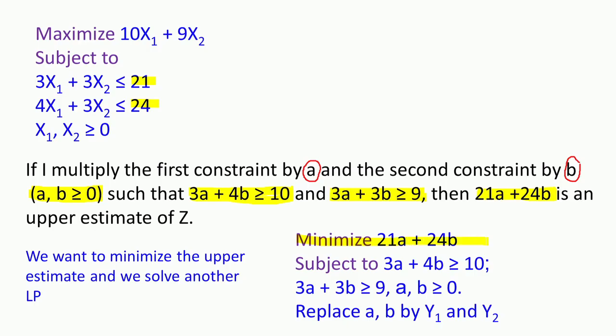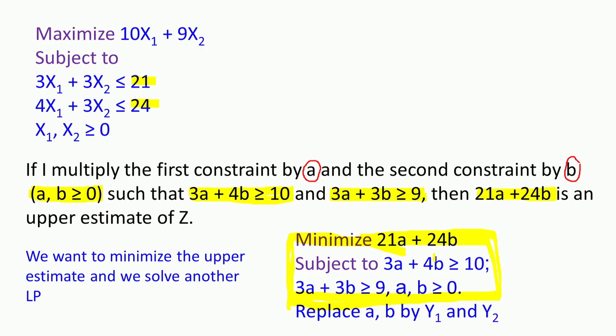Now we realize that in the process what we have done is we have formulated another linear programming problem, which is this, where now A and B are variables.